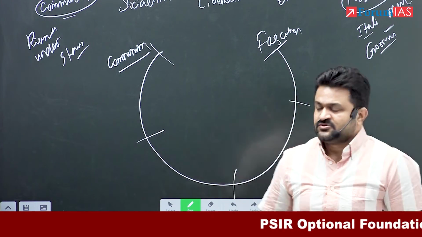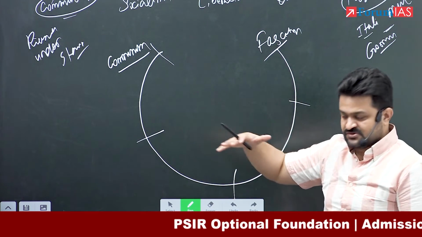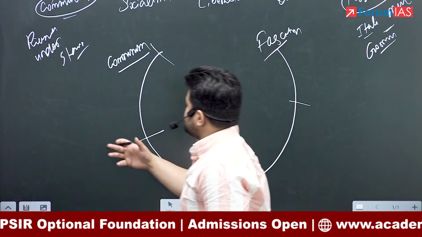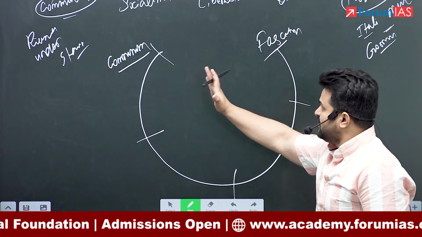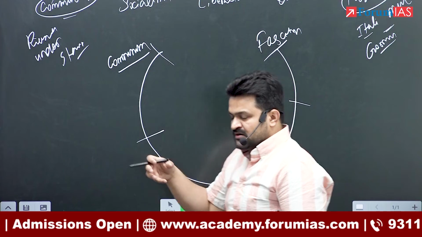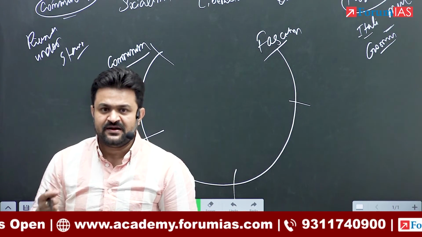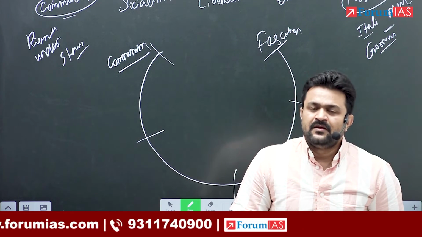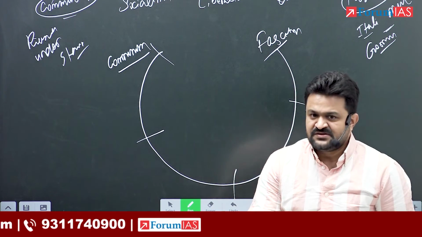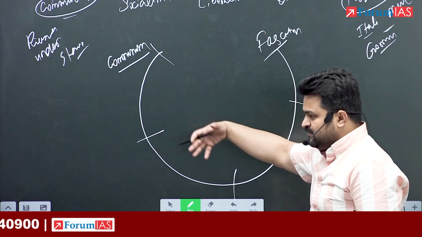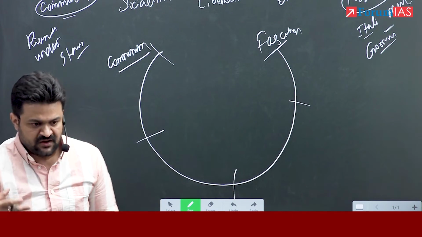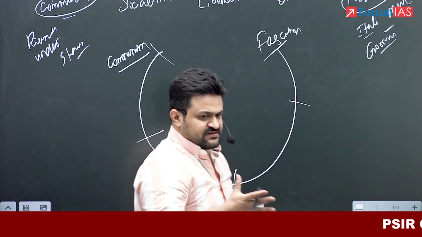Also understand that even the linear spectrum was not able to actually convey the differences here. And then you saw that the extreme left and extreme right actually start converging because of the similarity they had, precisely totalitarianism. Now it's not just that. These spectrums are not able to depict or convey the precise meanings of various other ideologies.